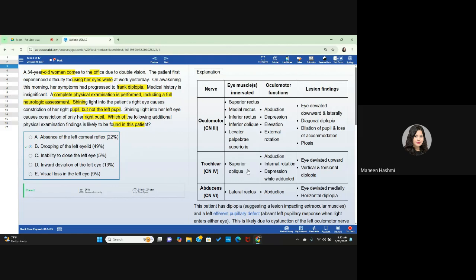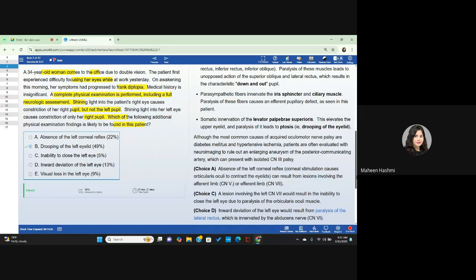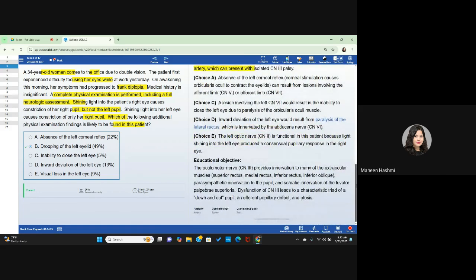Yes. So again, oculomotor, these are very high yield for you. Remember, I talked about how eye muscle innervation, lesion findings, and oculomotor functions are very high yield for you to go through. Although the most common causes of acquired oculomotor nerve palsies are DM and hypertension, the patients are often evaluated with neuroimaging to rule out any aneurysms within the PCOM, and can present with isolated cranial nerve 3 palsy.